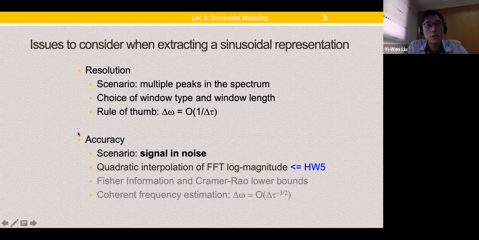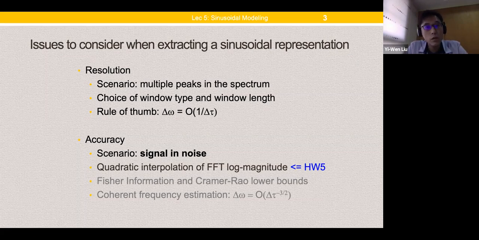Let me go through the points quickly, and then we'll dig into more details. When we talk about resolution, the scenario is that in the spectrum, there could be multiple peaks at different frequencies. Most of the time you have harmonics, or if two people are talking simultaneously, sometimes the peaks can even overlap.